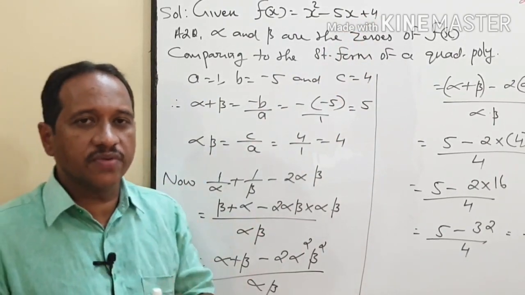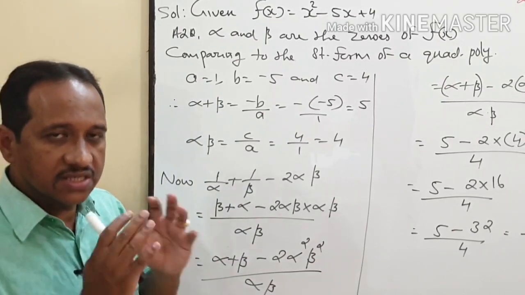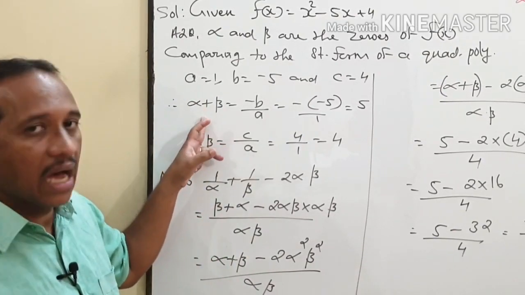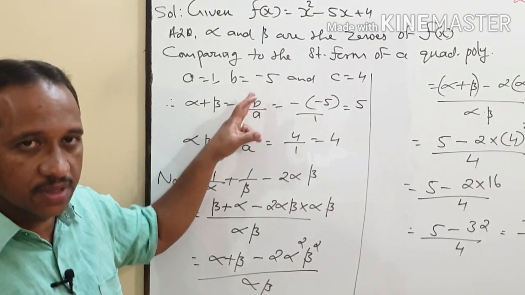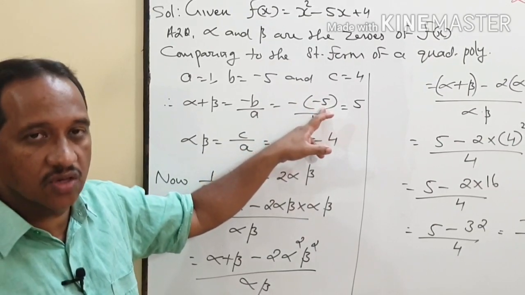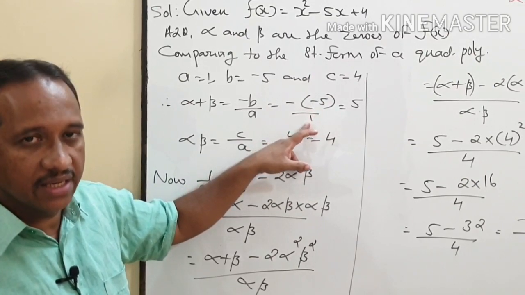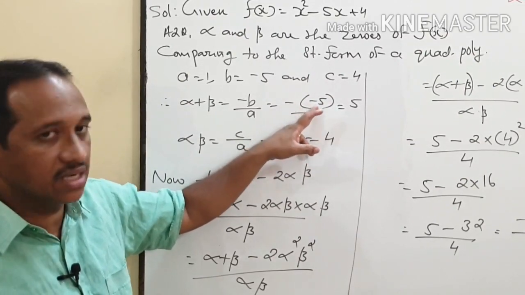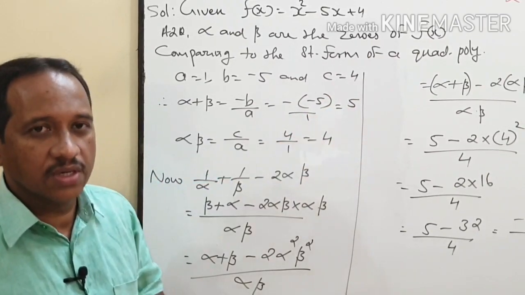We know the relation between the zeros and coefficients of a quadratic polynomial. Based on the relation, alpha + beta, that is the sum of zeros, is equal to -b/a, that is -(-5), since the value of b is -5, divided by a which is 1. Minus of minus 5 is 5 by 1, that is 5.